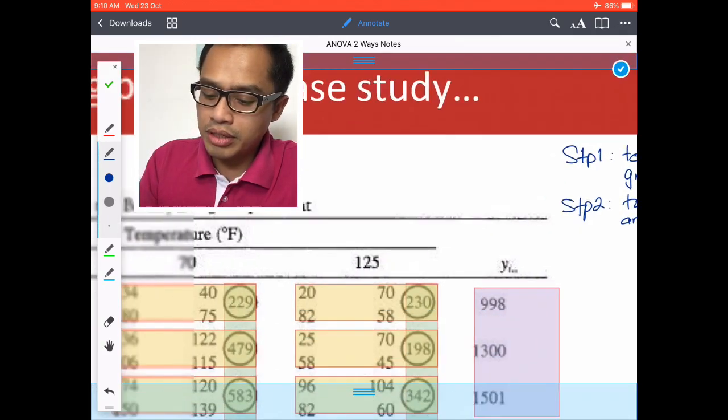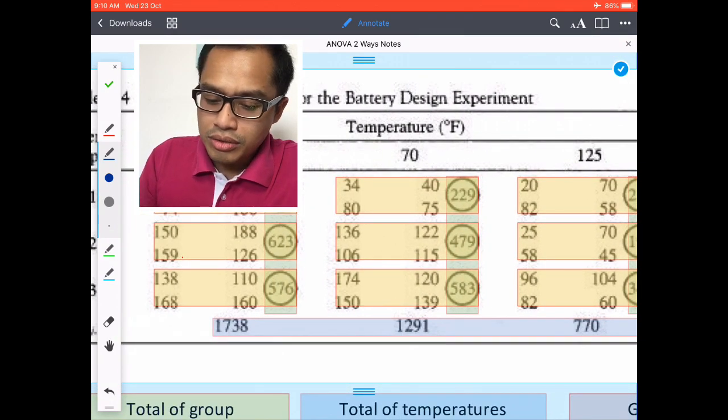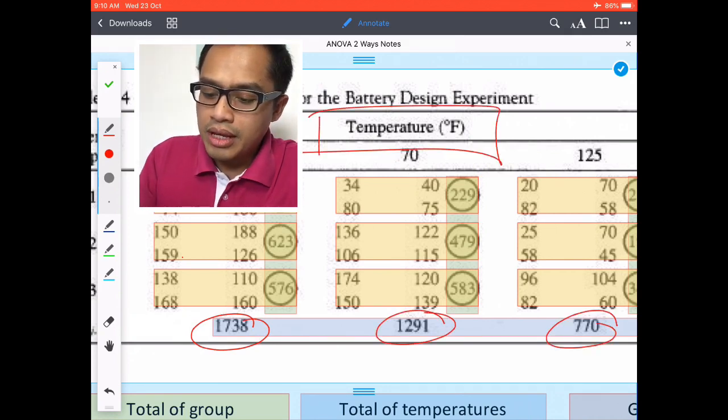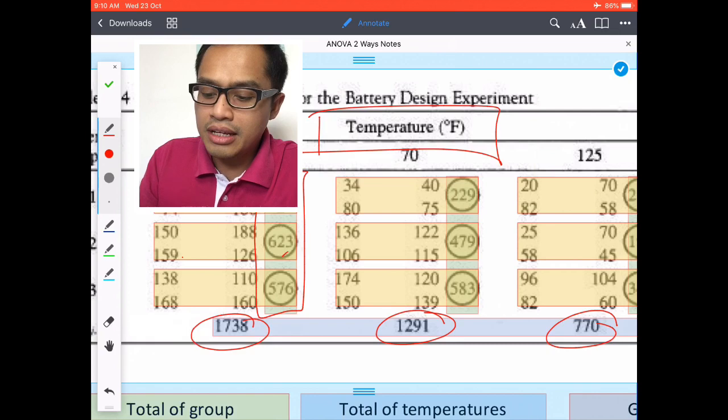Row and column. Look at these 3 numbers. So these 1738, 1291, and 770 belong to temperature. I get this 1738 by adding these numbers 539, 623, and 576.